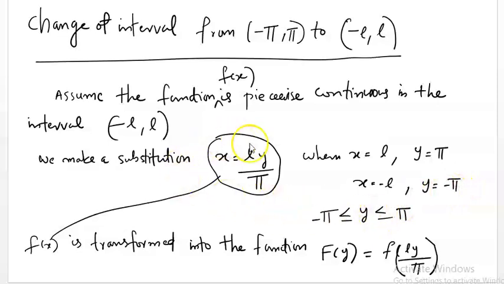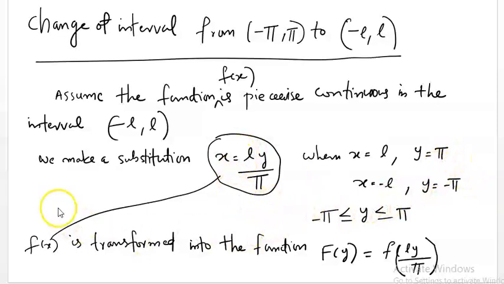So if you make this substitution, the function now becomes a function in y, and for x defined in the interval minus L to L, we have y defined in the interval minus pi to pi.